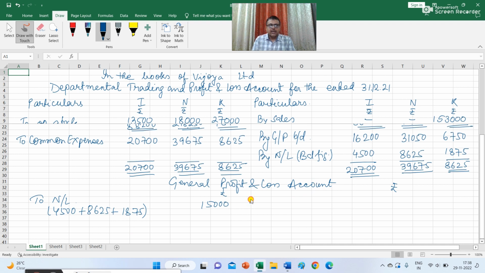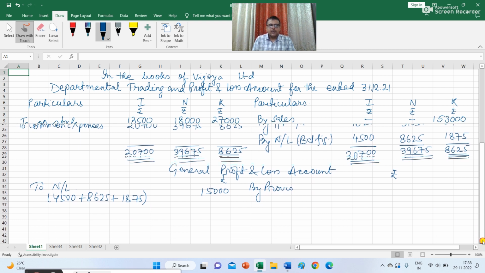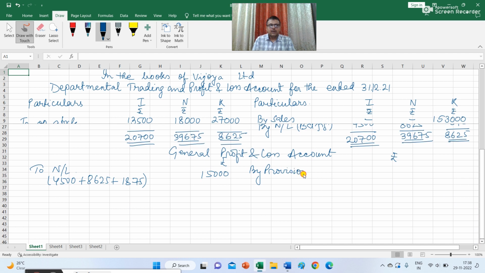So there was an unrealized profit in the opening stock. So I am writing this as provision for unrealized profit in the opening stock, which is given: 4,500 in Department N and 6,000 in Department K. So the unrealized profit in the opening stock is 10,500, and we have calculated the unrealized profit in the closing stock.